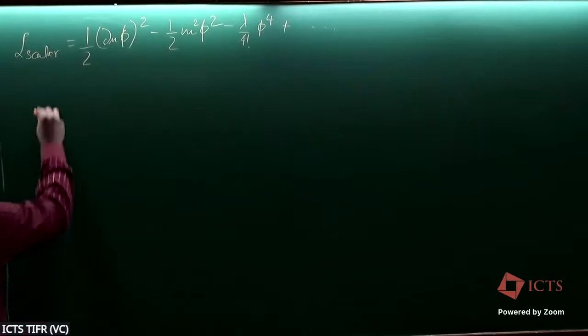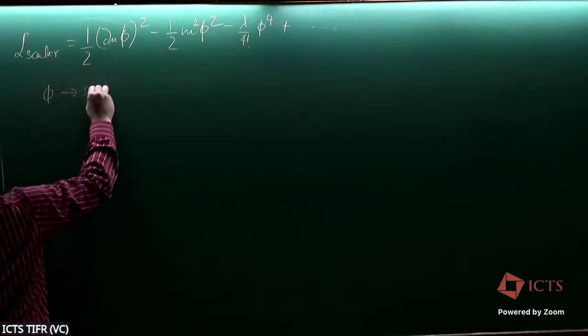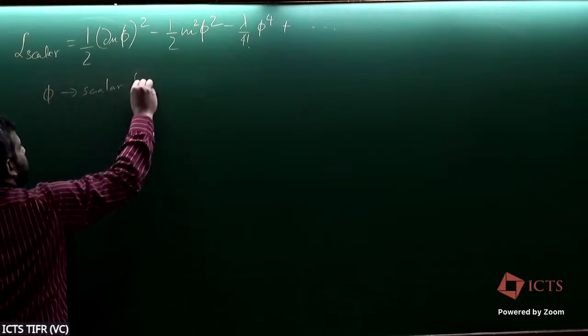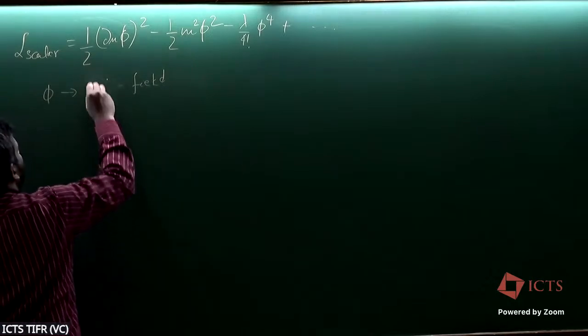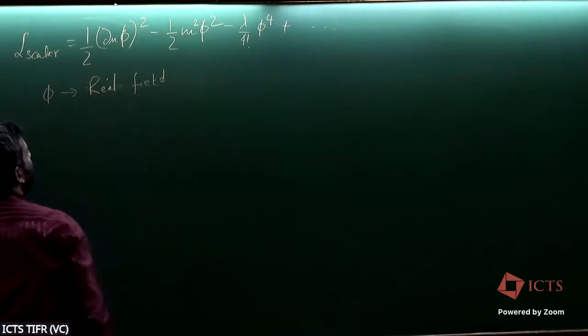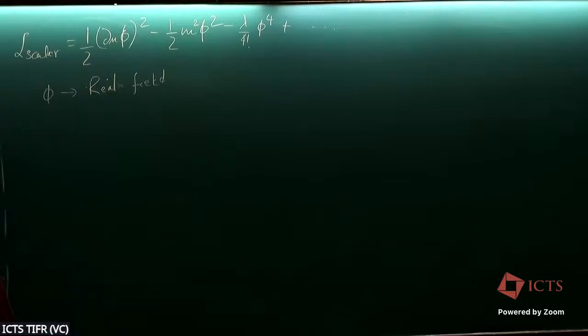This phi is my scalar field. For simplicity, I will focus on the real scalar field, but you can do the same approach for the complex scalar case. Do a non-relativistic reduction so that we can arrive at this Lagrangian. So our approach is to go from here to this.